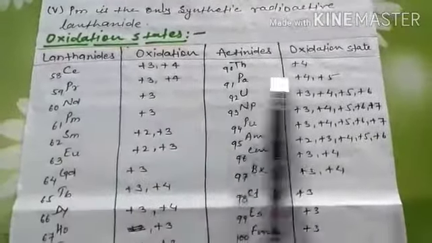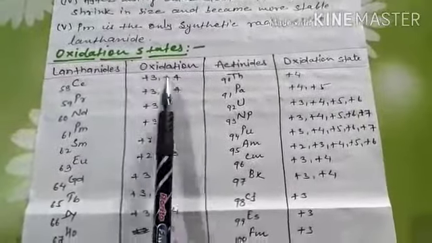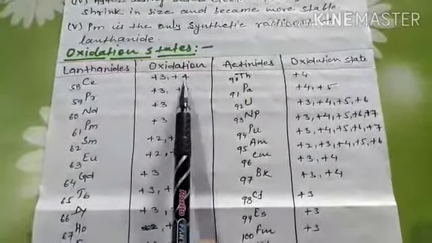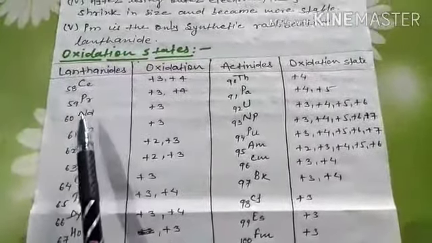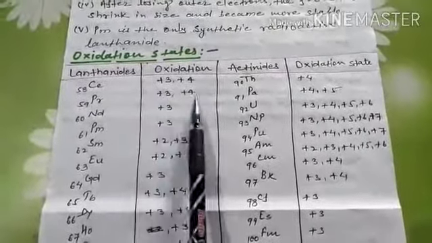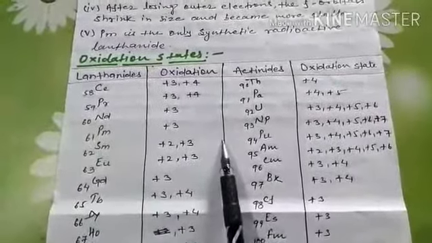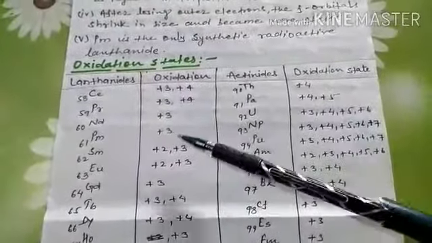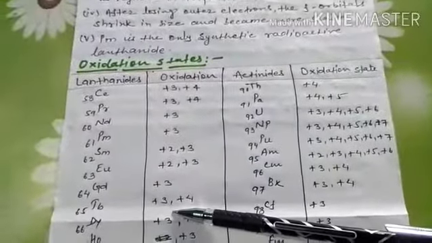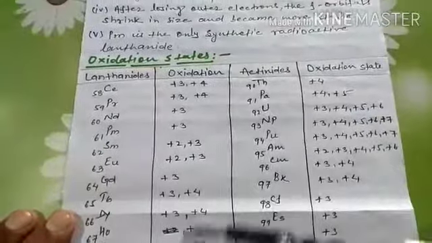Cerium, its oxidation state is +3 and +4, means cerium exists in +3 and +4 oxidation state. Pr +3 and +4, Nd +3, Pm +3. So we see in this way, +3 is common in all the lanthanides.